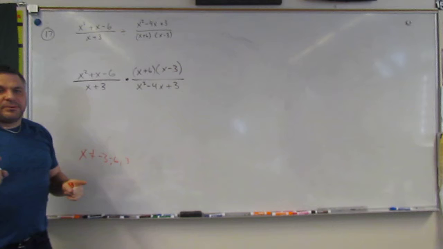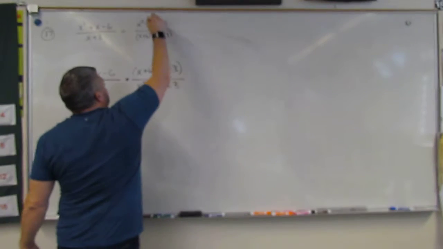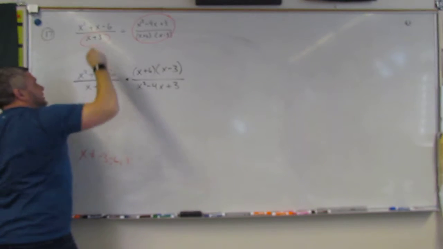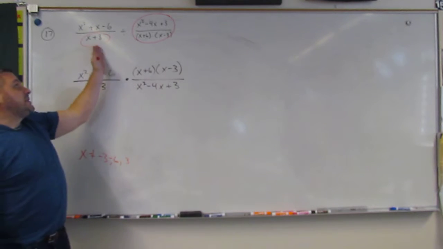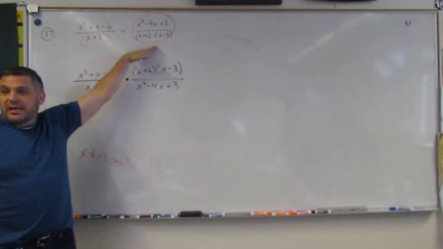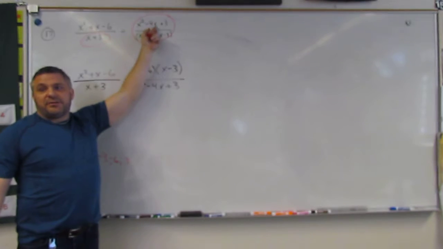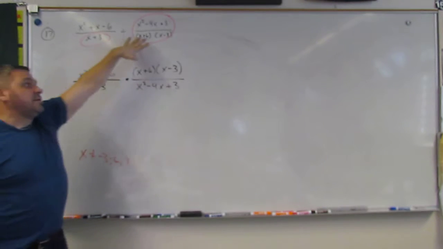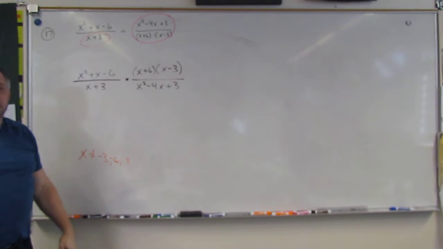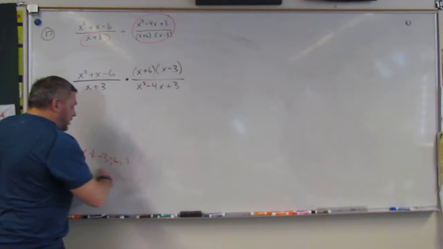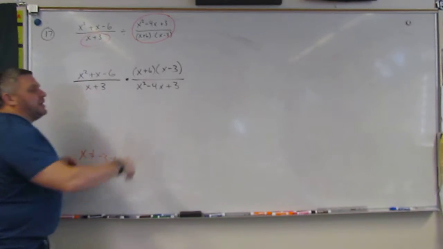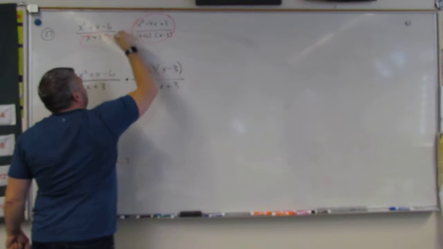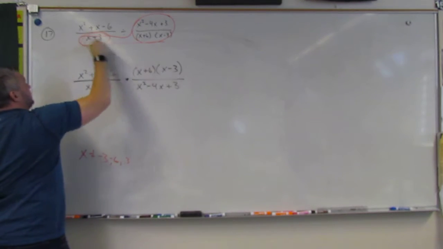The one thing you have to remember is this cannot go to 0, and this cannot go to 0. Neither one, because this is being divided by this. So if this top goes to 0, this goes to 0, right? So none of these can go to 0. This is almost the case, but we also have to take that into effect. So it's basically all of this cannot go to 0.